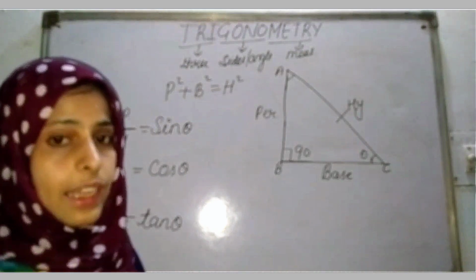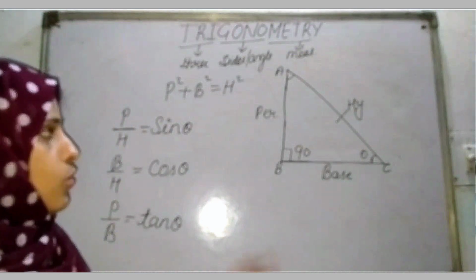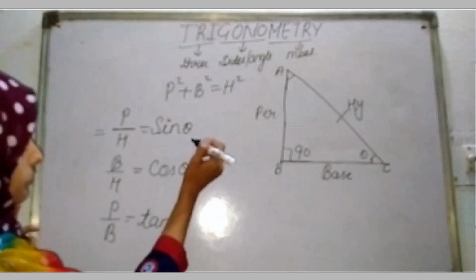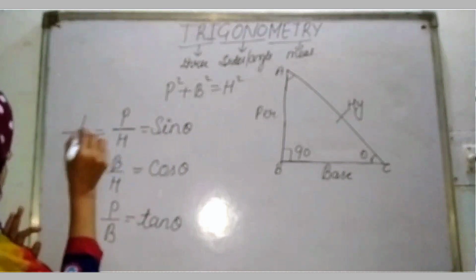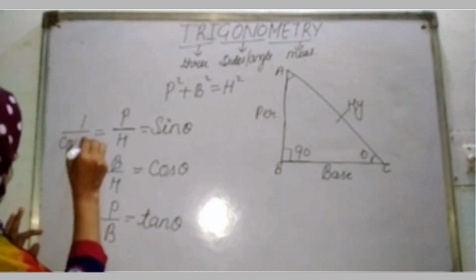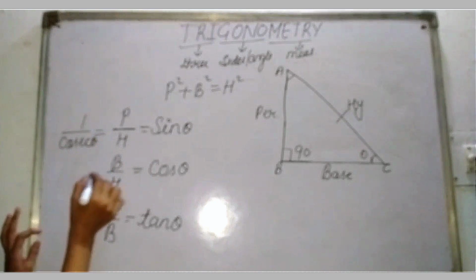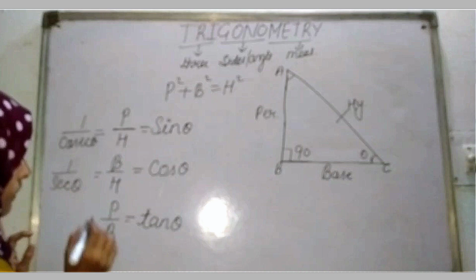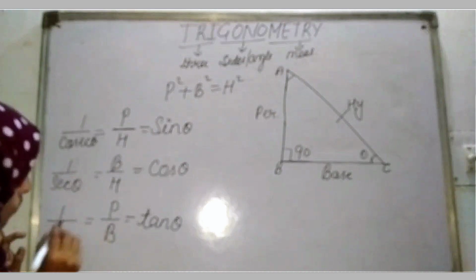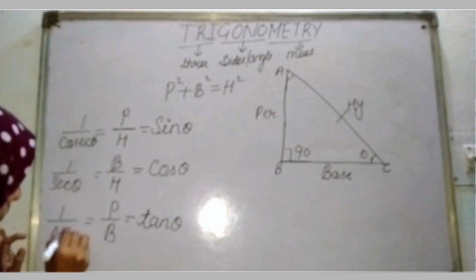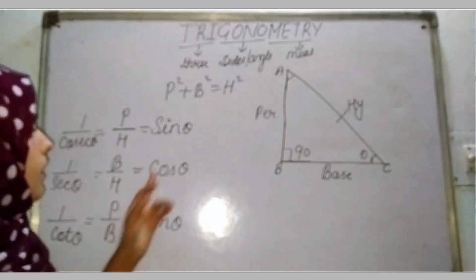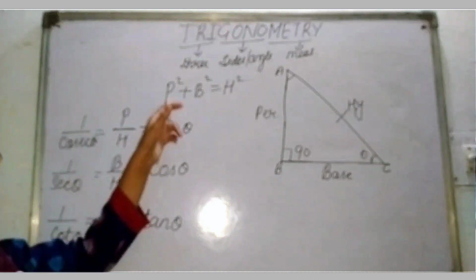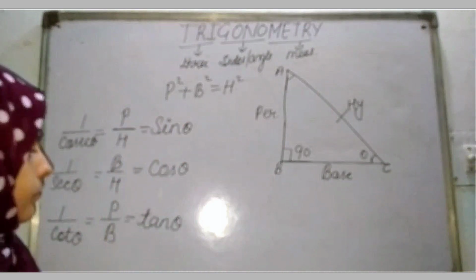Now three other possibilities are the opposite of them. The opposite of the first is equal to 1 upon cosec theta, this is equal to 1 upon sec theta, and this is equal to 1 upon cot theta. These are three possibilities and three other possibilities which are the opposite of them.